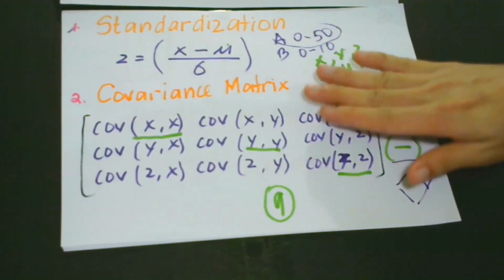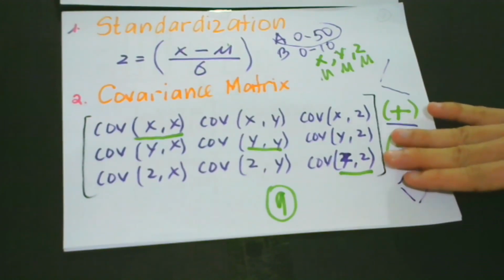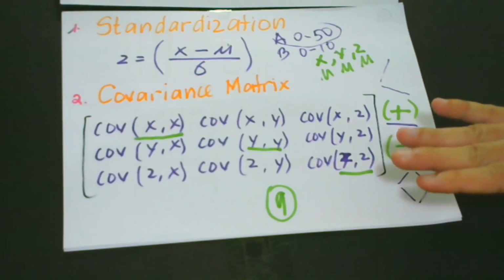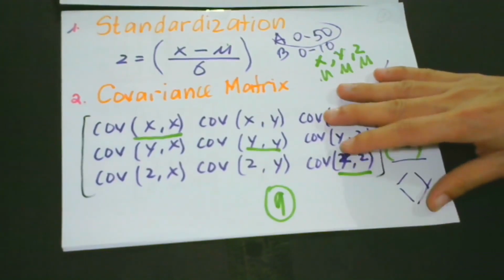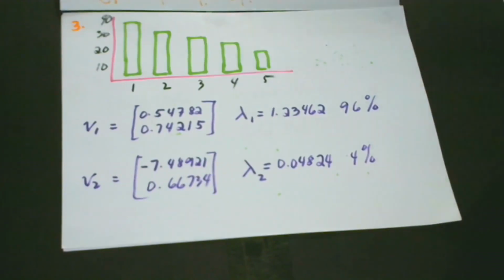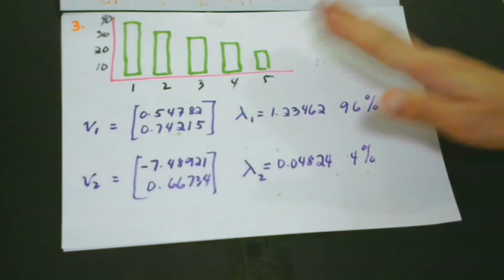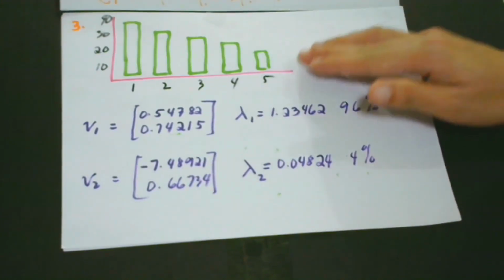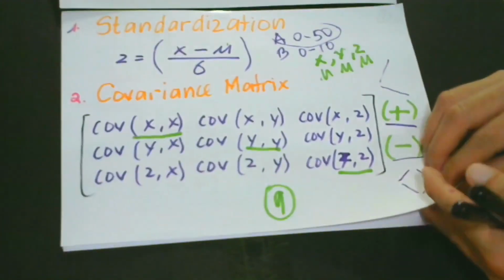So after doing this, we are ready for the next step. So what would be our next step? The next thing to do is to compute the eigenvectors and eigenvalues. So we have our step number 3. These are the eigenvectors and eigenvalues of the covariance matrix to know the principal components.